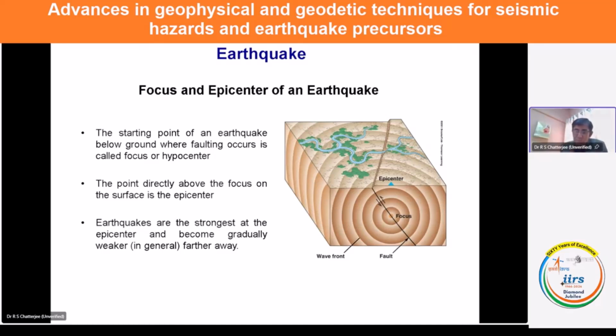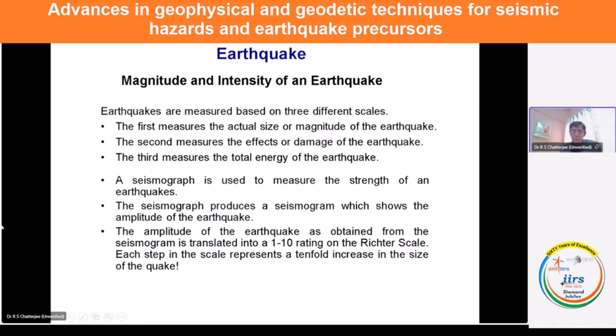So that is important. Now you see how an earthquake's strength can be measured. Particularly, earthquake strength can be measured in two ways. One is the energy, that is the magnitude: how much energy is released, and what is the damage potential, how much damage it does after the earthquake occurs.